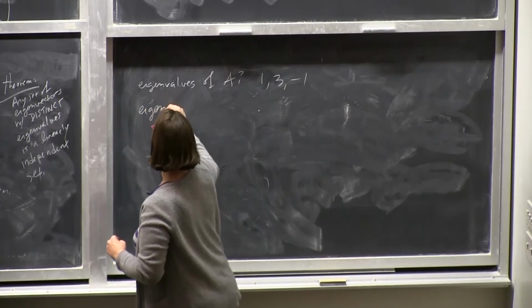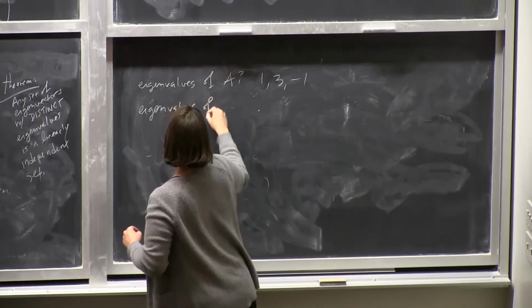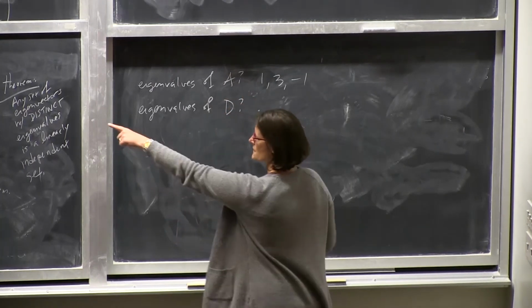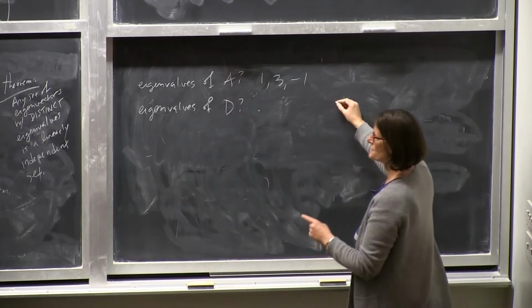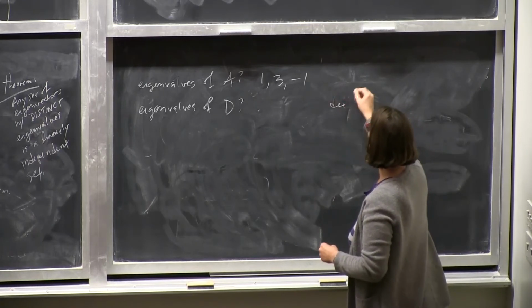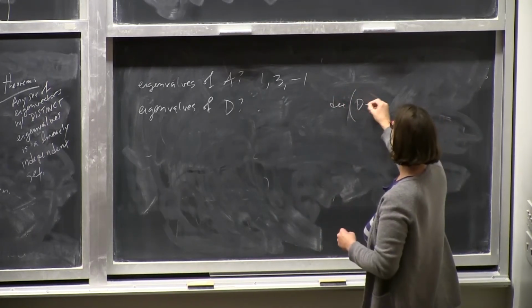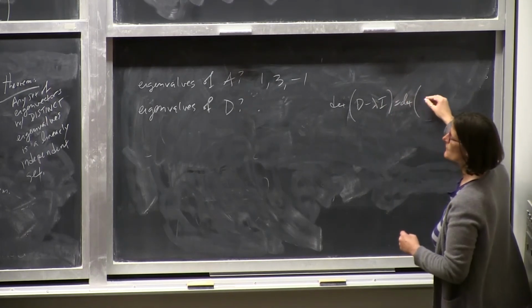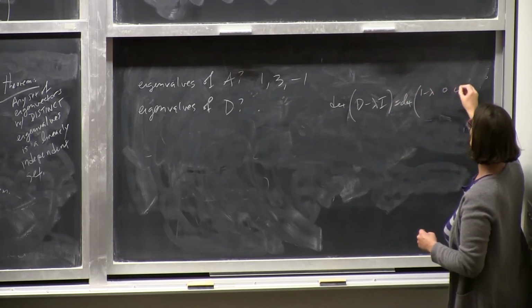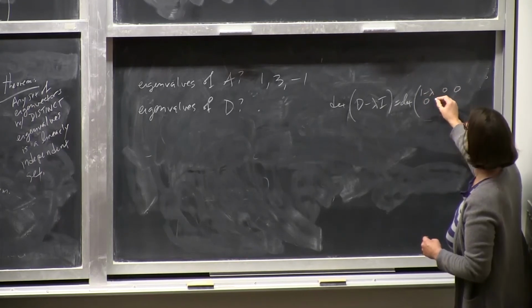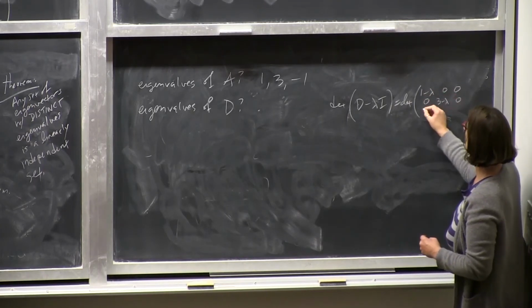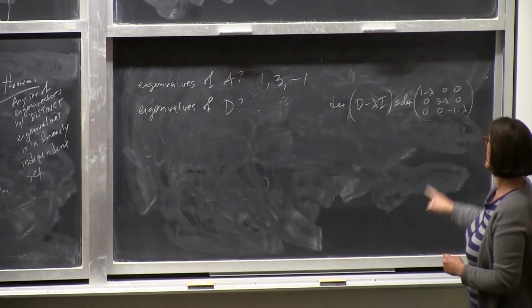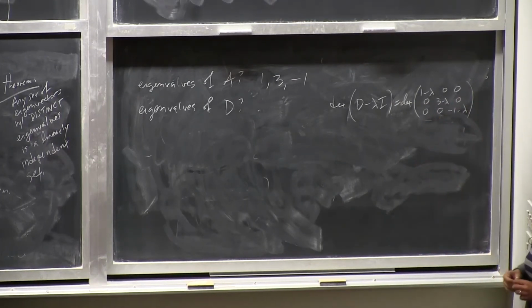The eigenvalues of D. So here's D. I want the eigenvalues of D. So that would be the determinant of D minus lambda I. That would be the determinant of 1 minus lambda, 0, 0, 0, 3 minus lambda, 0, 0, 0, minus 1 minus lambda. So please compute that determinant and factor it for me.